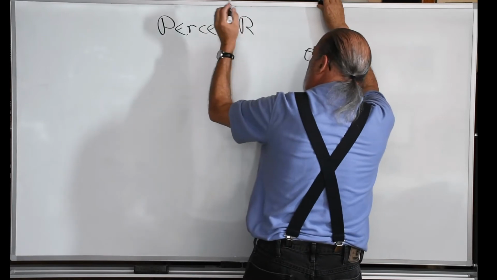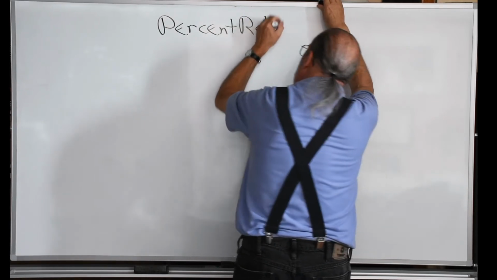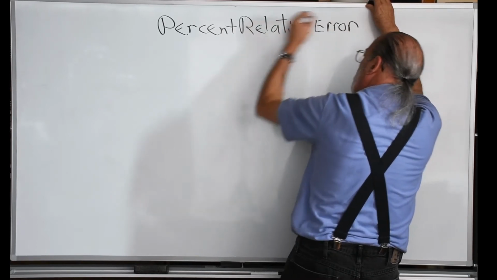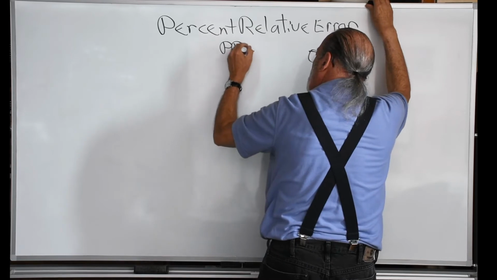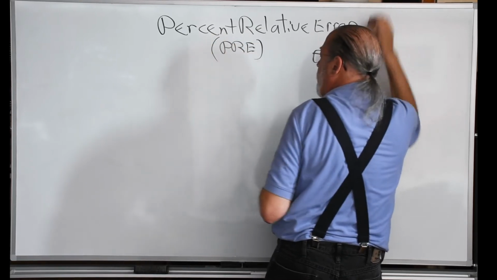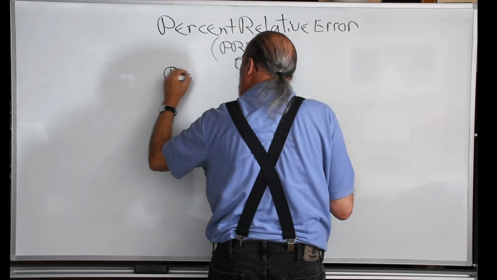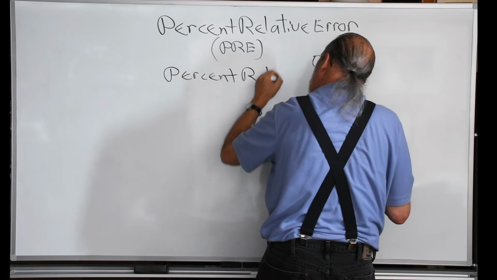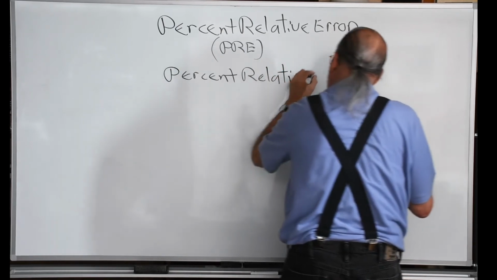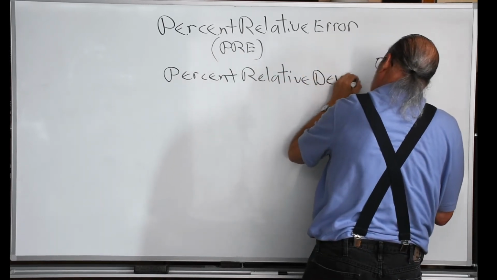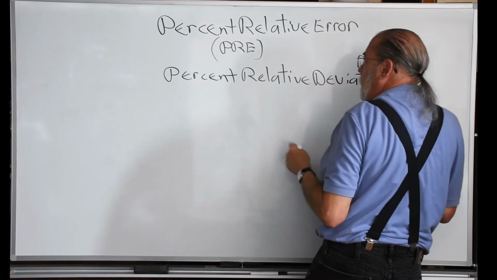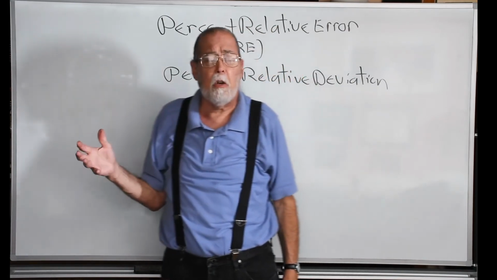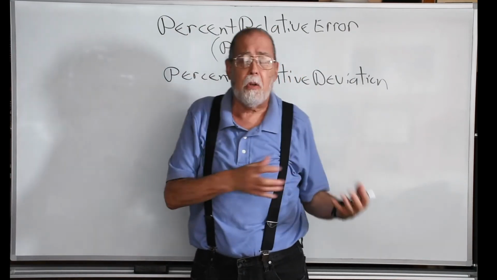We often call this the PRE. Sometimes it's also called the percent relative deviation. It's called an error when we have some truly accurate value for something and we want to know how we did compared to that.